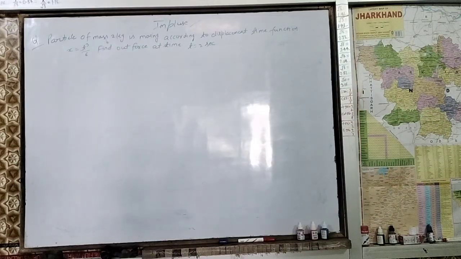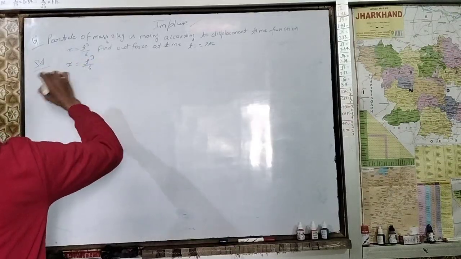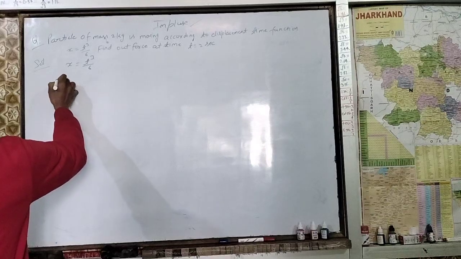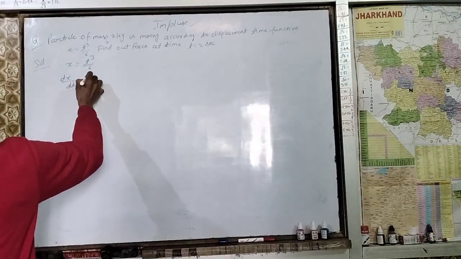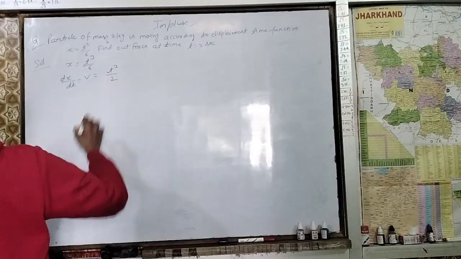If x is a function, then dx upon dt is considered as velocity. x is t raised to power 3 upon 6, so dx upon dt is equal to v, which can be written as t raised to power 2 upon 2.